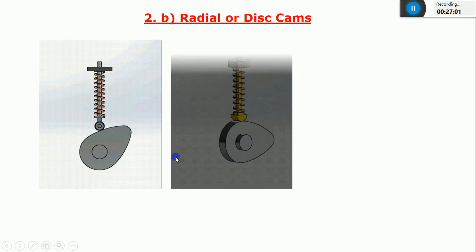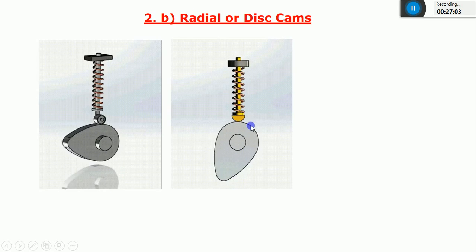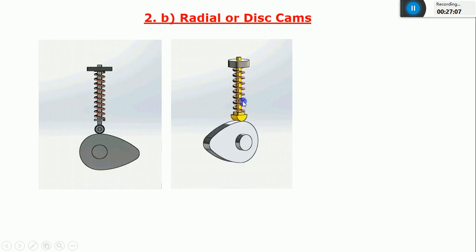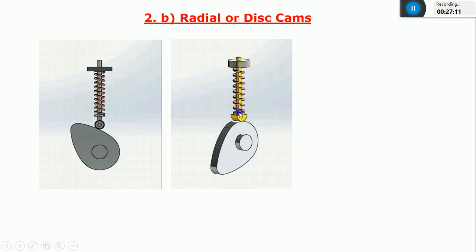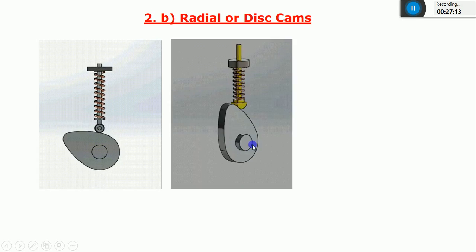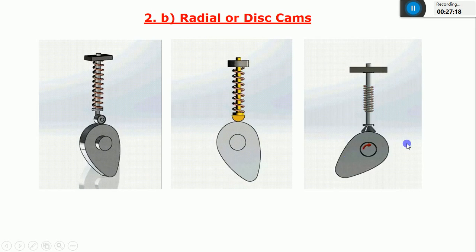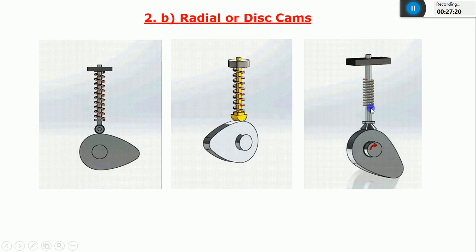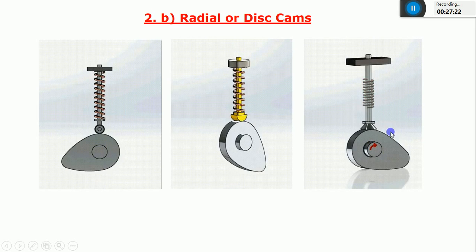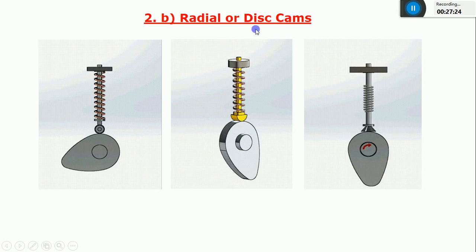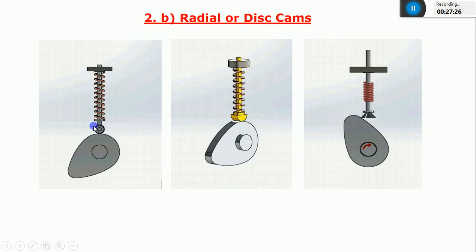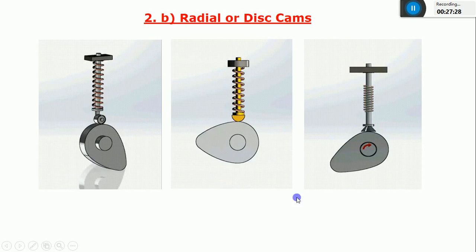Next is a spherical type of cam and follower. Again, the axis of this follower is in line with the center of this camshaft. And this is also a flat faced cam and follower. So these are radial or disc cams.